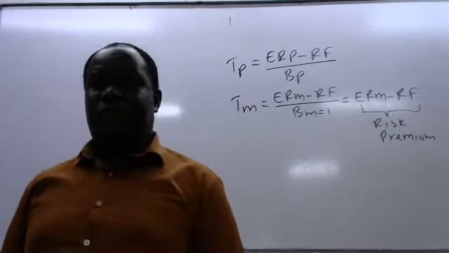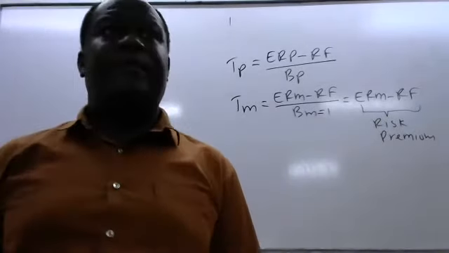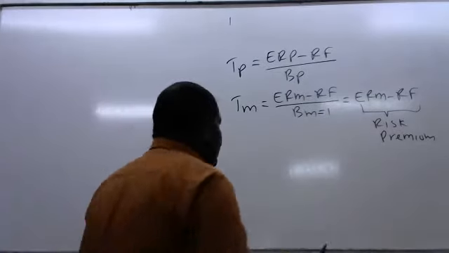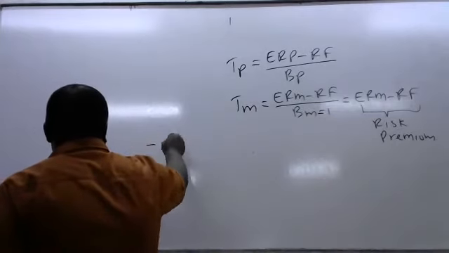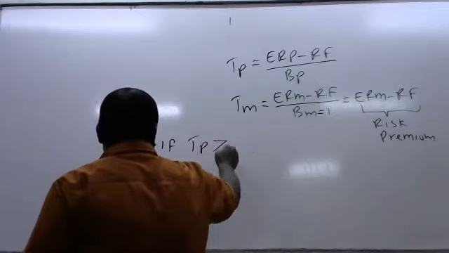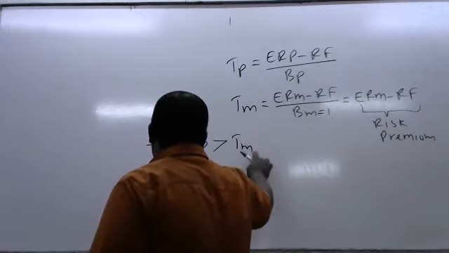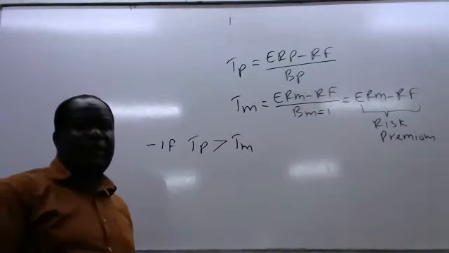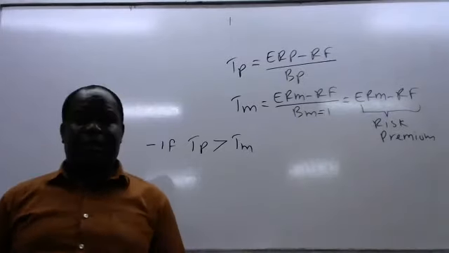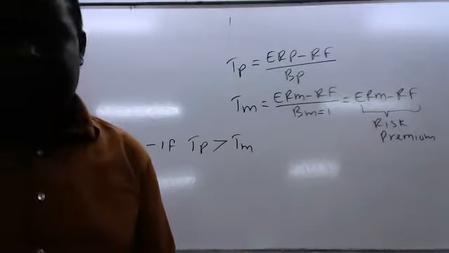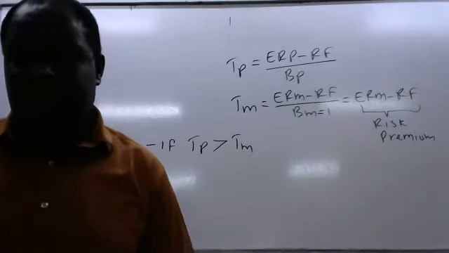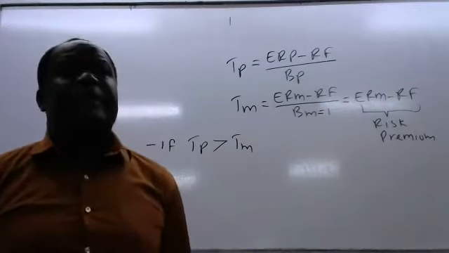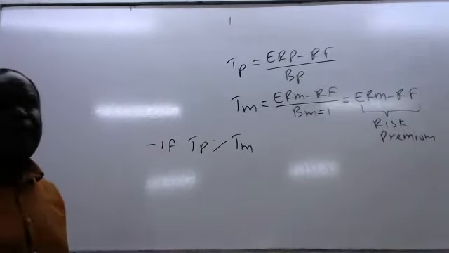The first dash is that if the Treynor of the portfolio is greater than the Treynor of the market, then it indicates superior performance.